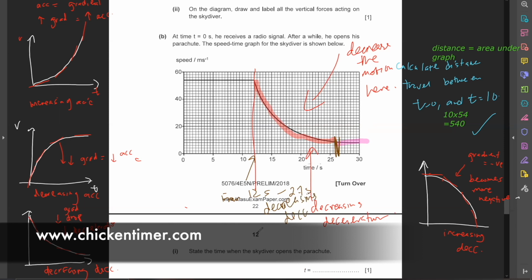Then after that, from 27 to 30, it travels at constant speed. Okay.